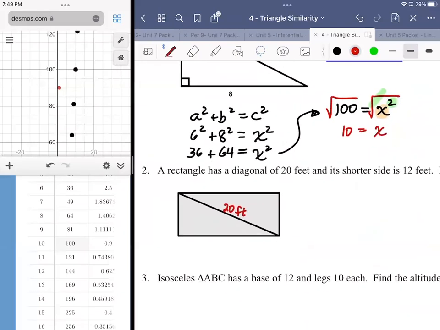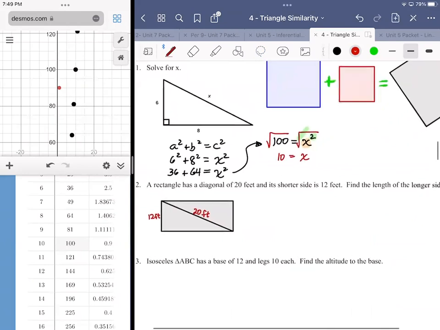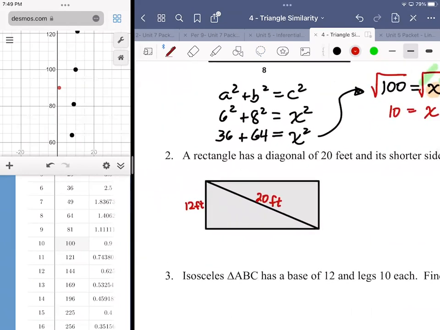The length of the shorter side is 12 feet. The shorter side is the one that looks short. You drew the rectangle with a particular orientation. Whatever you drew to be the shorter side is the shorter side. We need to find the length of the longer side. So we're going to look for this side here. We could just throw an X on there.